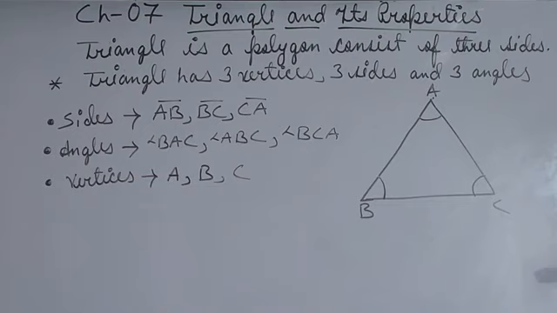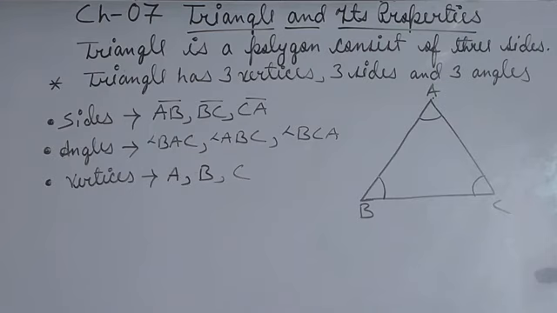Now I have attached one video with this video class, that is of class 6. In your class 6 you have studied about the classification of triangles on the basis of angles and on the basis of sides. So I request you to go through that video and write down all the notes that are there in that video, that is classification. In that video it contains various types of triangles on the basis of sides and on the basis of angles.